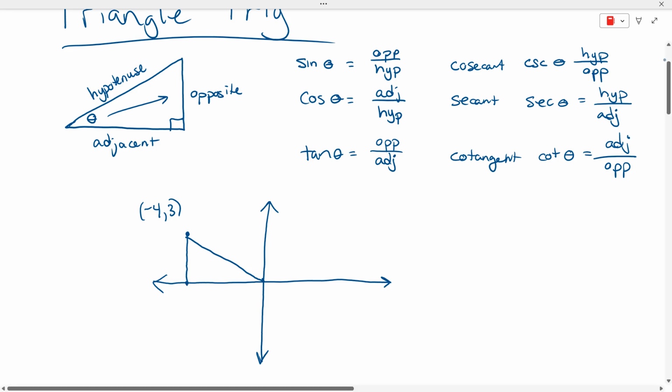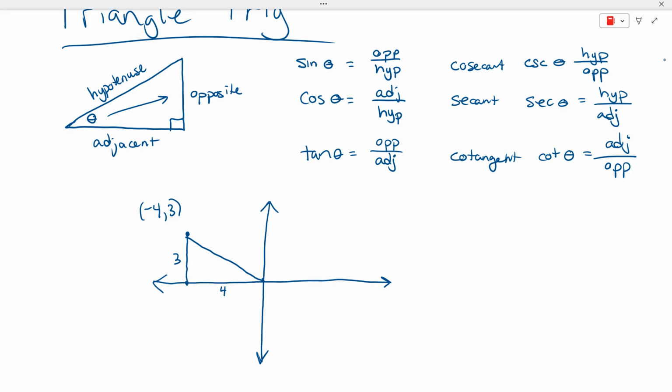So, even though this is a negative, what's the distance of this side of the triangle to get to negative 4? 4. And what's the distance from here up to here? 3. What's 3 squared plus 4 squared? Well, it's 9 plus 16, which is 25.